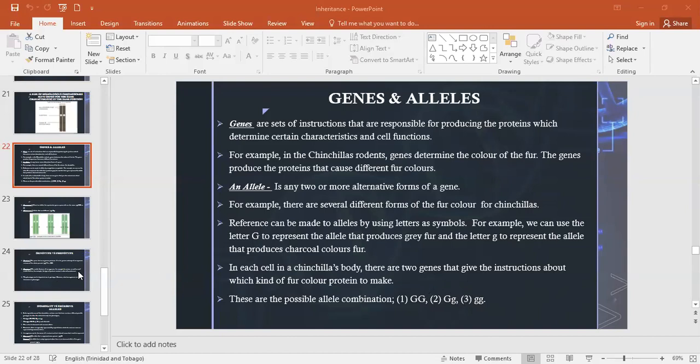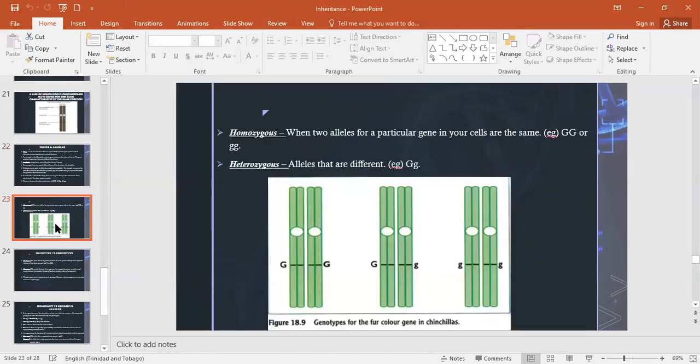All right, let's just get to the definitions a bit. So you have homozygous and heterozygous. Homozygous means that you have the same particular allele. So you have two alleles for a particular gene in a cell that are the same. So homozygous is just when two letters are the same.